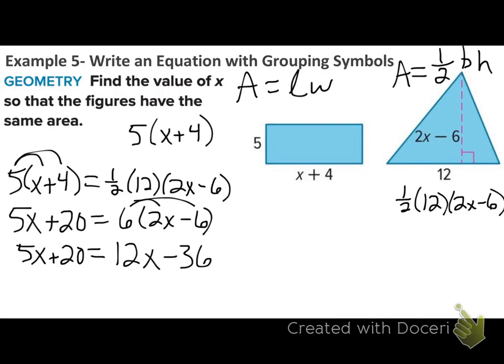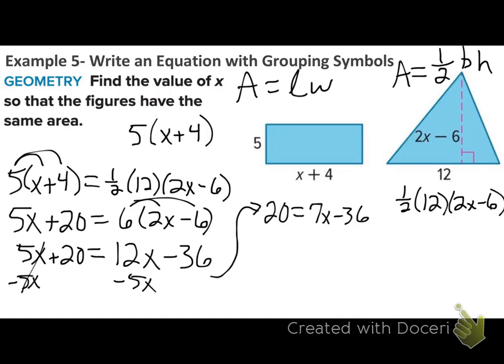Sean, sounds like you want to get them to the right. We can get our variables to the right side. So I'm going to subtract 5x from the left to cancel it out. Whatever I do to one side, I got to do to the other. So on the left side, I'm left with 20. 20 equals, what's 12x minus 5x? 7x. And I still have that minus 36 on the right for now.